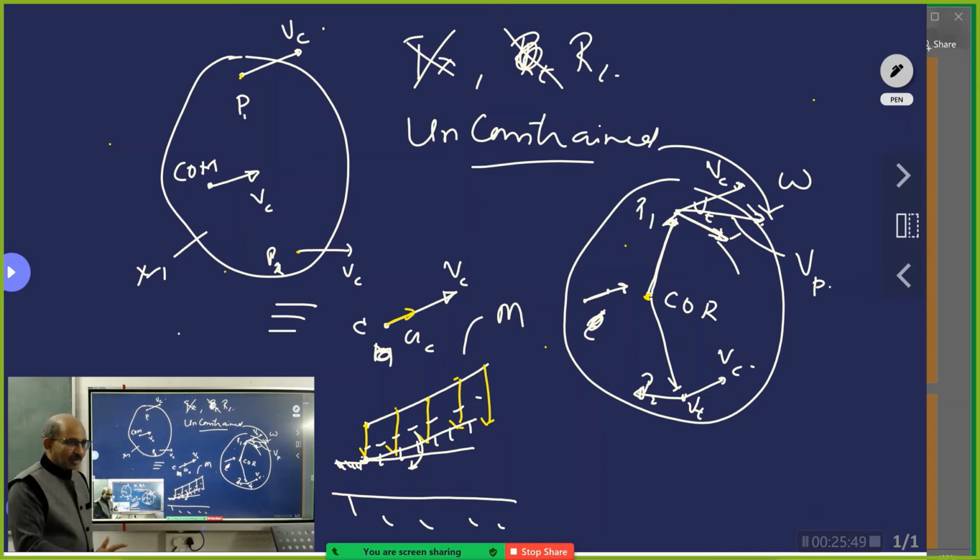So the angular momentum is conserved. Because only at this instant when it hits, there is a torque applied to the body. Why is the torque applied? Because if you take the weight of the rod down, and this becomes a constraint here, therefore W into this perpendicular distance will become the torque.